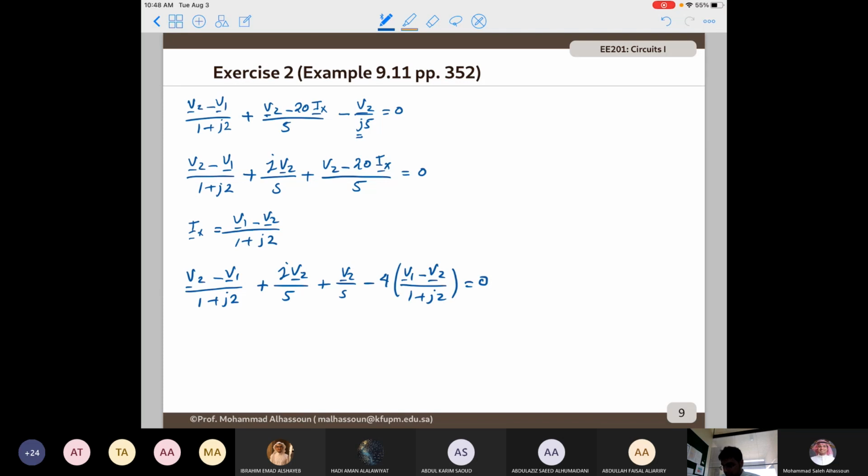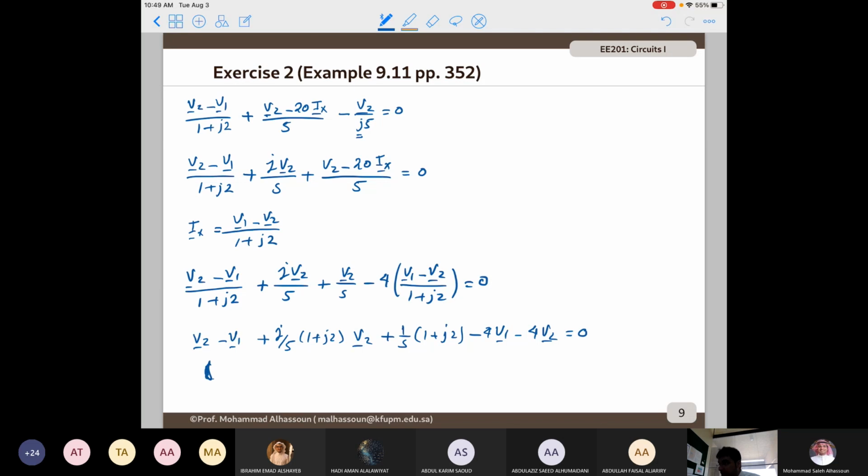Let me now multiply both sides by 1 plus J2. I need to get rid of the complex number in the denominator. So I'm going to get V2 minus V1, plus J divided by 5, 1 plus J2, V2, plus 1 over 5, 1 plus J2, minus 4 V1, minus 4 V2, equals 0.